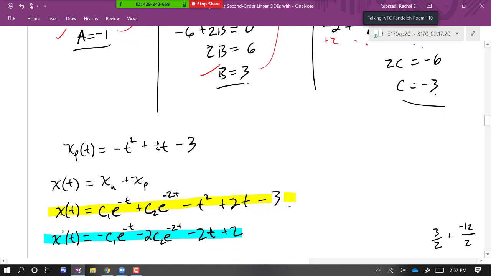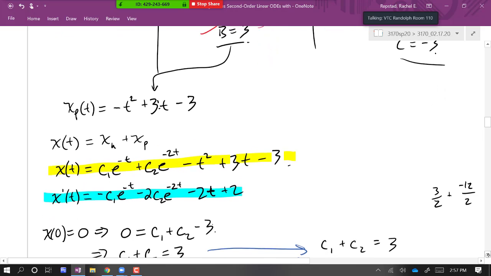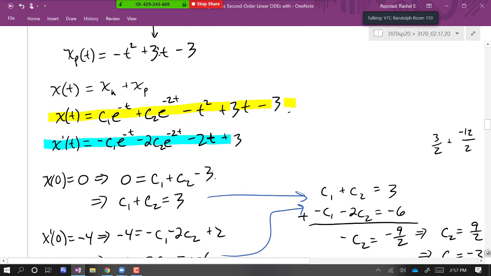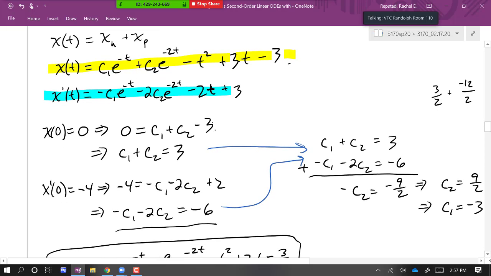If b is 3, it actually changes this to 3. Yeah, it changes quite a bit. That's a 3. That is -2t plus 3. Yeah. Changes one more thing here. Oh boy, the devil's in the details, huh?